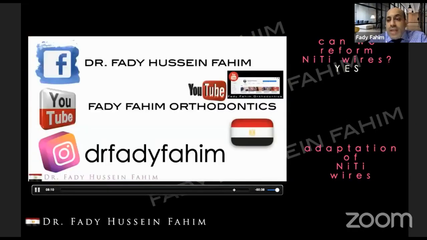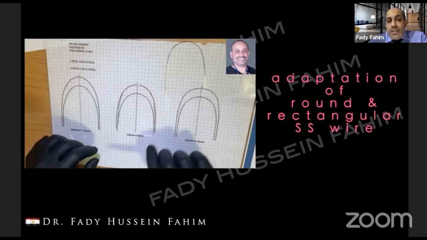So what about the stainless steel wires? The stainless steel wires are used, of course, after leveling and alignment. So it's very nice that if you take the first way to know the arch form of the patient, you have already selected the best fit arch form from the templates in the catalogs of different companies.